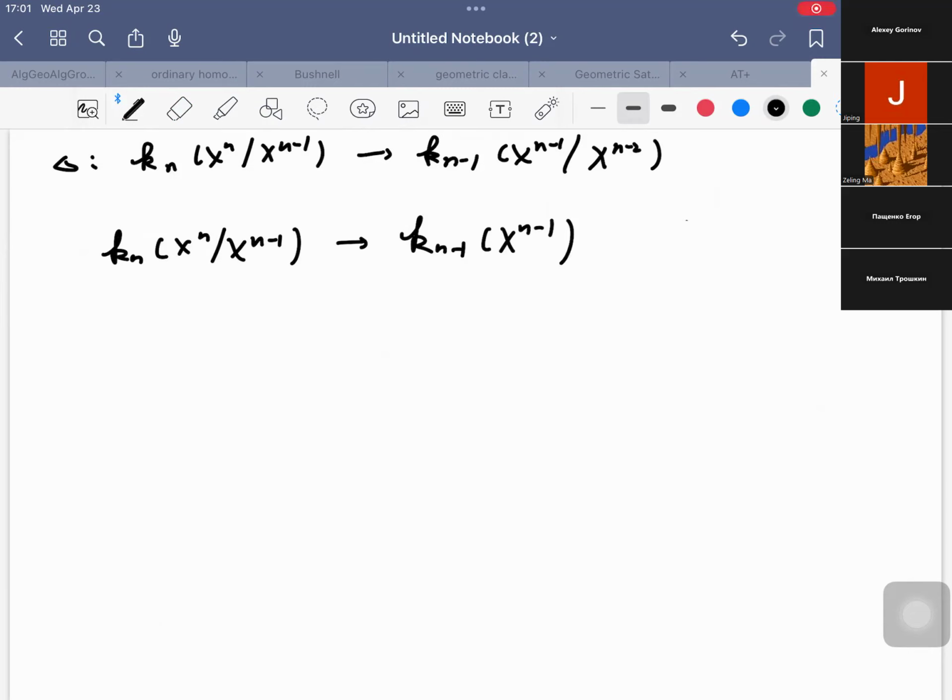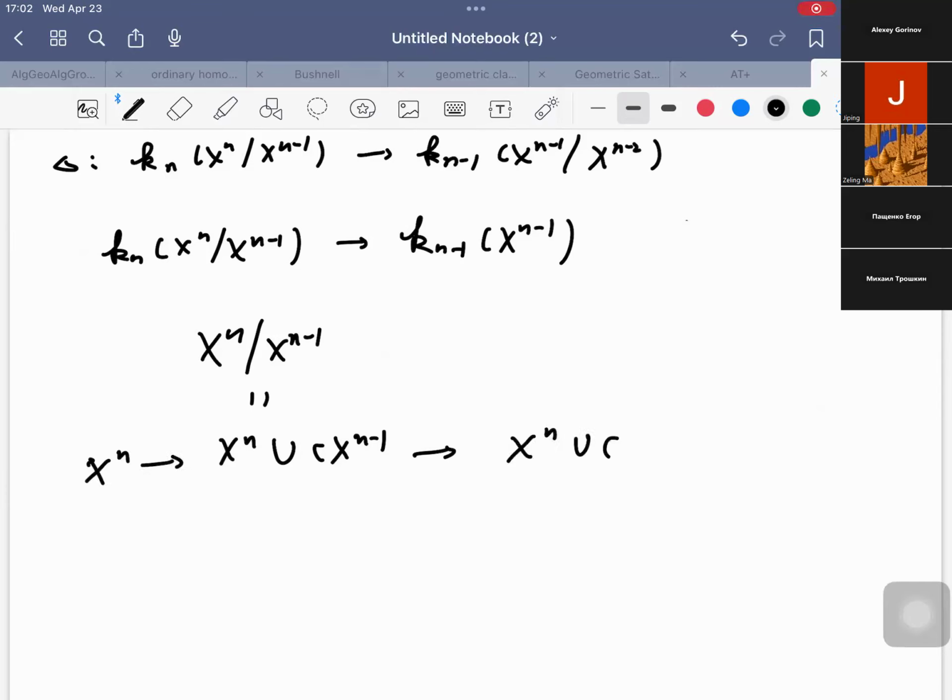And why do we have this map? Because this is X_n union X_n, and we can go to another part, X_n union X_{n-1} union X_n.